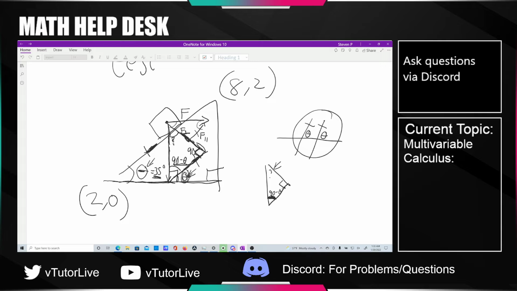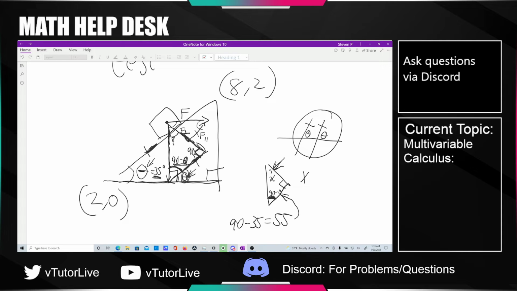90 minus theta. Well, we justified why this angle is 90 minus theta, right? I'm just plugging in 90 minus 35, which is equal to 55, and that's this angle right here. So this angle right here, let's call it angle x for a second.